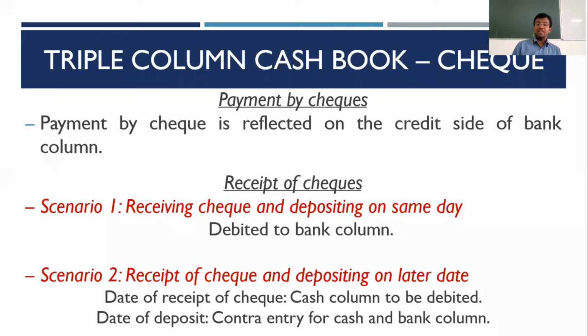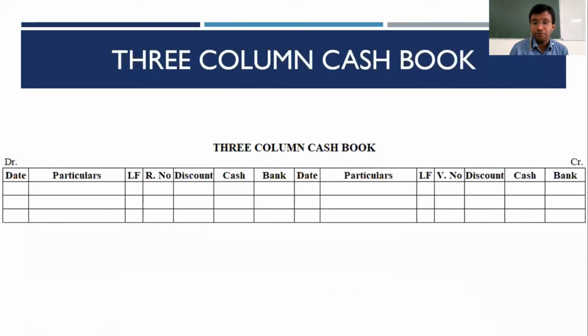Scenario two, receive the check, deposit on another day. The day that you receive the check, cash column is debited. The day that you deposit the check, it is a contra entry. So this is how we would go about processing transactions in 3-column cash book, especially with respect to check transactions.